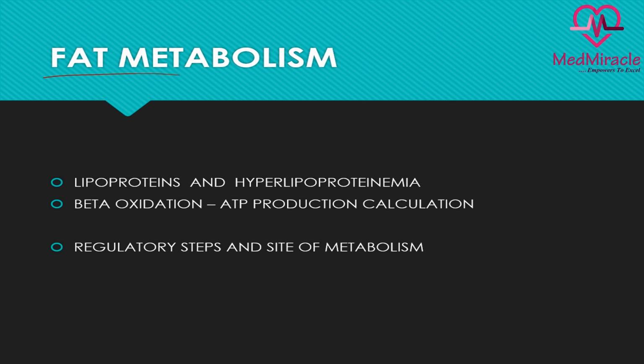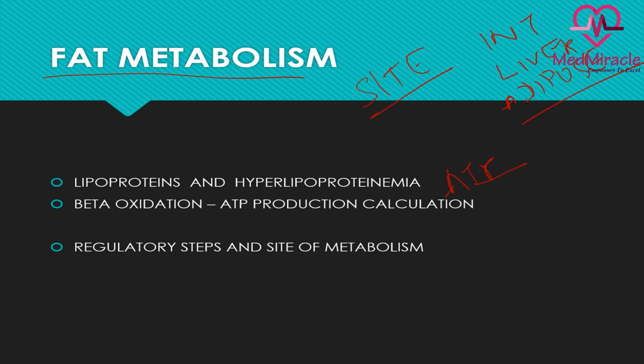Coming to fat metabolism. In this section, as with any metabolic pathway, you have to first know the site. So whether it's intestine, liver or adipose tissue, you have to know what all reactions are occurring there. Second point, you have to know ATP production.